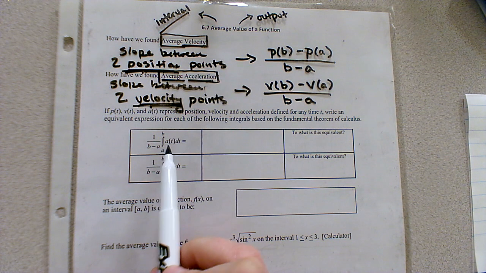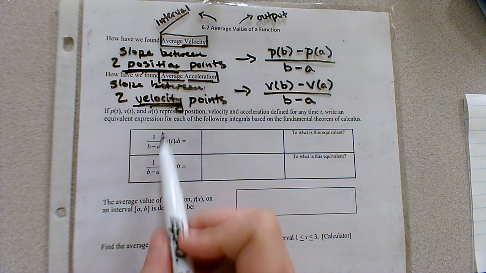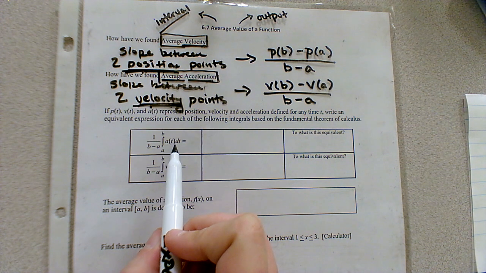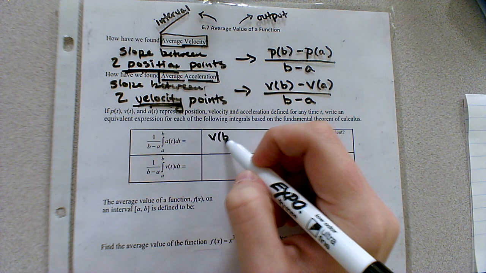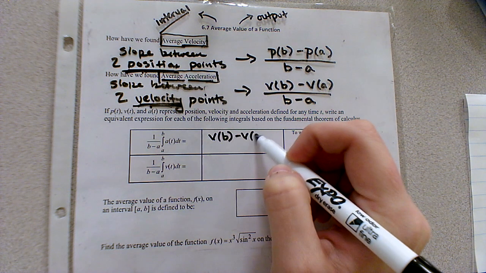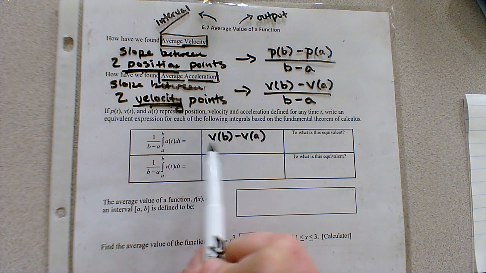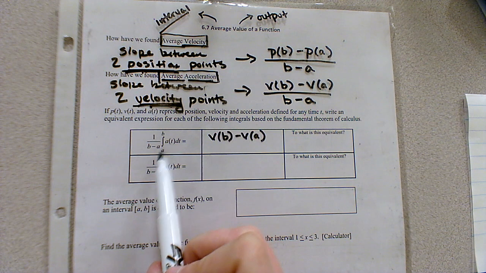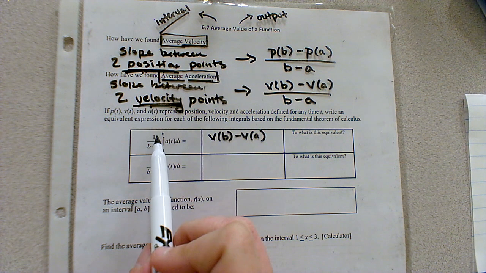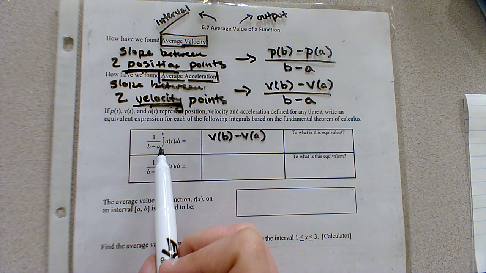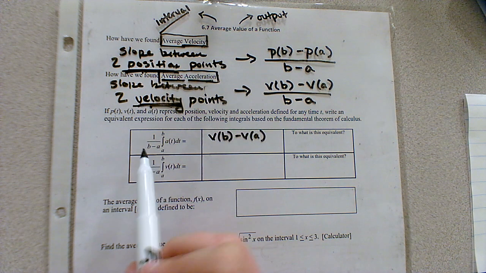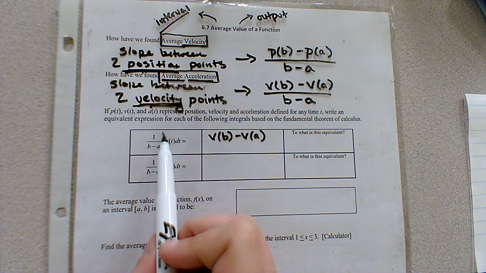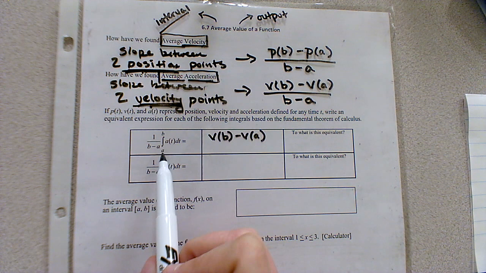If we're going to integrate acceleration, that means we're going to work backwards. And notice how our bounds are from A to B. If I work backwards from acceleration, that's going to give us velocity, and I can do the top bound of B minus the top bound of A. Typically we'd stop at this point with a regular integral, but notice how this one has something extra out front where we are multiplying by 1 over B minus A, which just represents the difference between these two bounds.